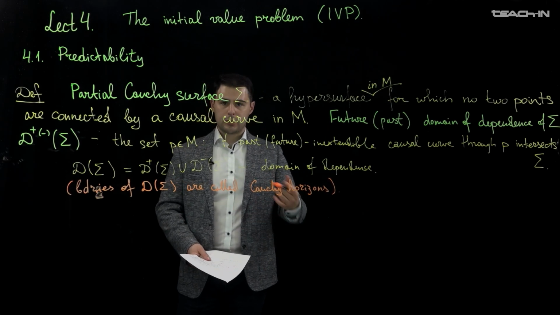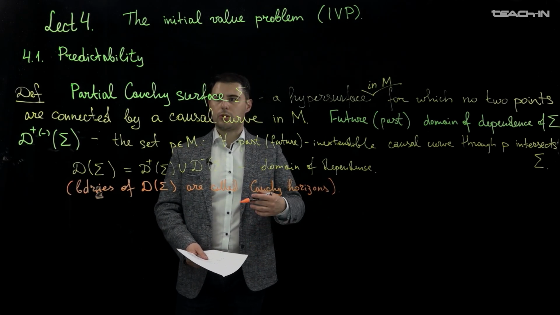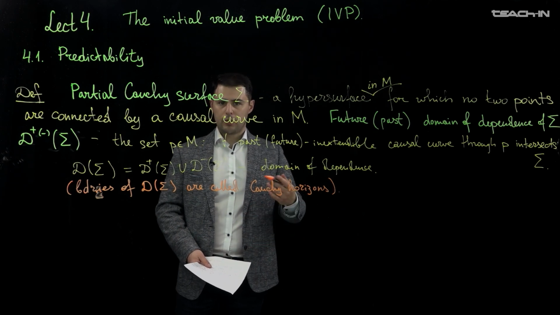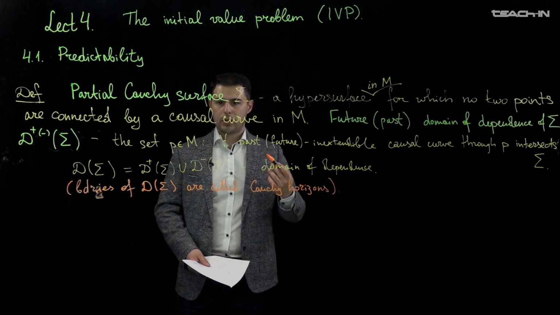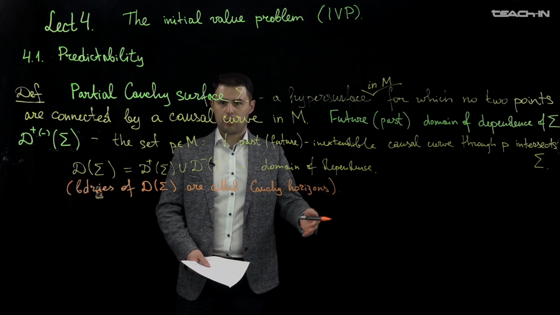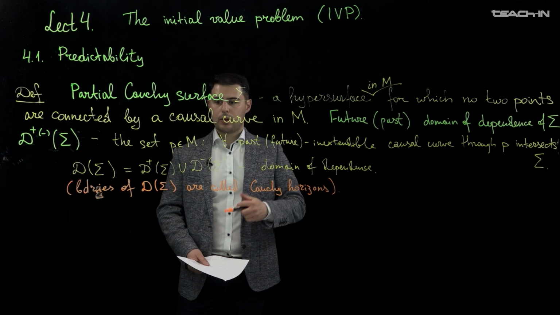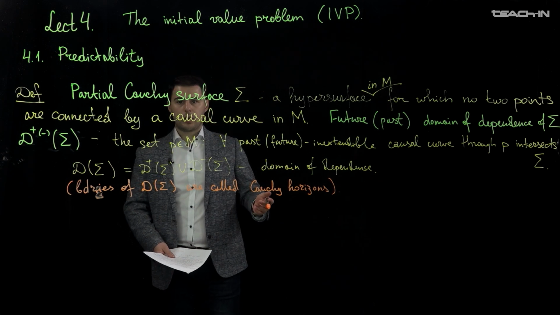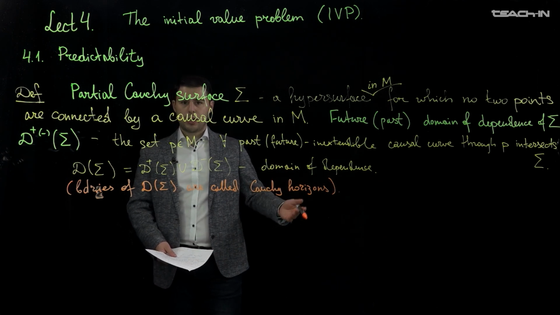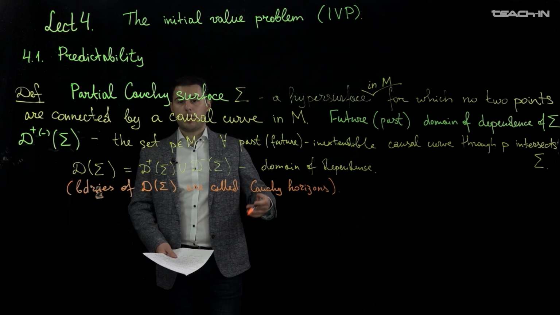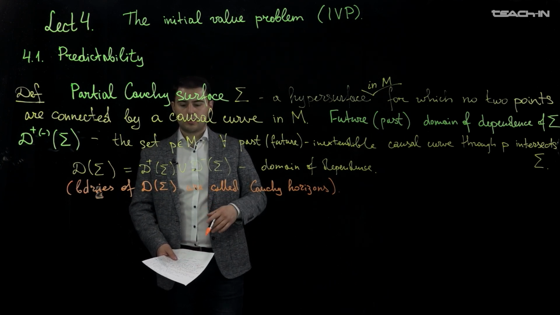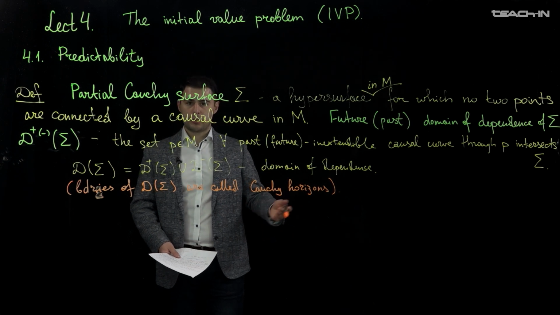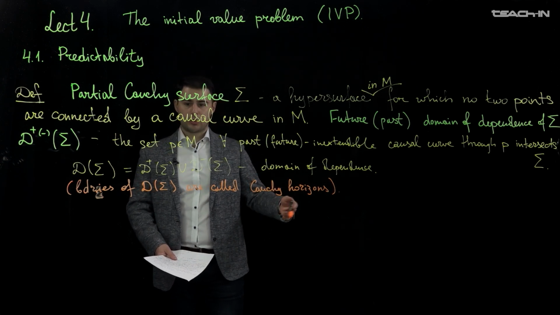So, for example, consider the geodesic motion on the spacetime. Given a partial Cauchy surface, the initial data would be the tangent vectors of the geodesics going through every point of this surface sigma. Of course, the same applies to any matter satisfying hyperbolic partial differential equations.